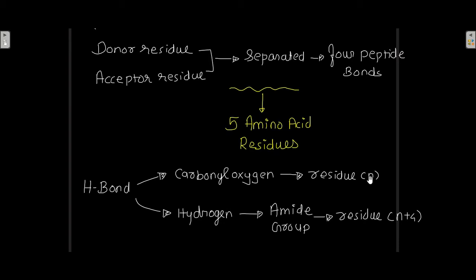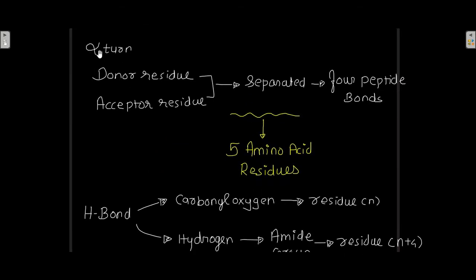Consider residue N, and 4 residues away there is residue N plus 4. The carbonyl oxygen of the first residue and the hydrogen of the amide group of the other are hydrogen bonded, and that is how an alpha turn is formed.